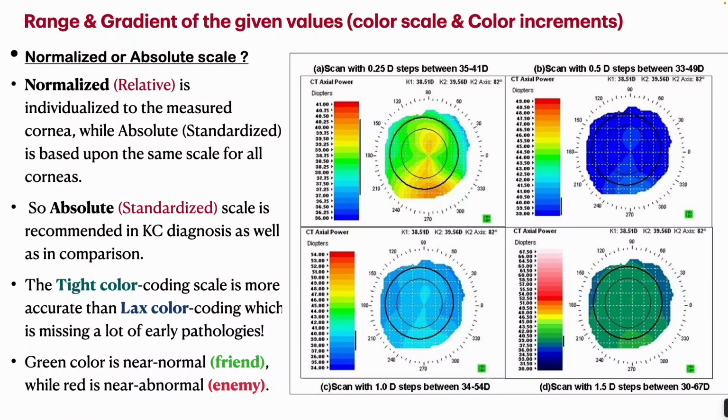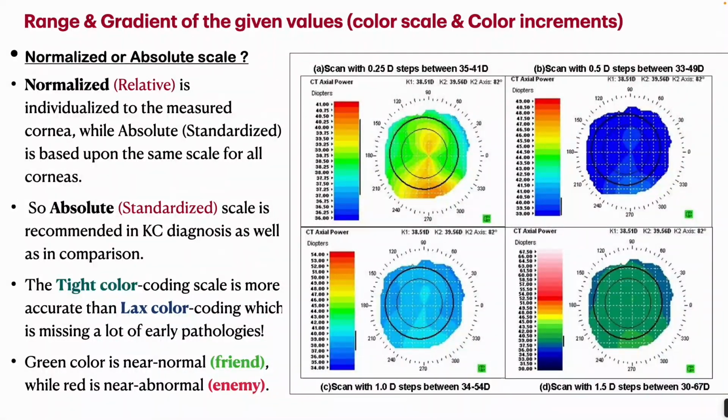Finally, here the scaling of the maps, normalized or absolute, which one is better for your patient? The relative or normalized is individualized to the measured cornea, so it's specific for this patient.